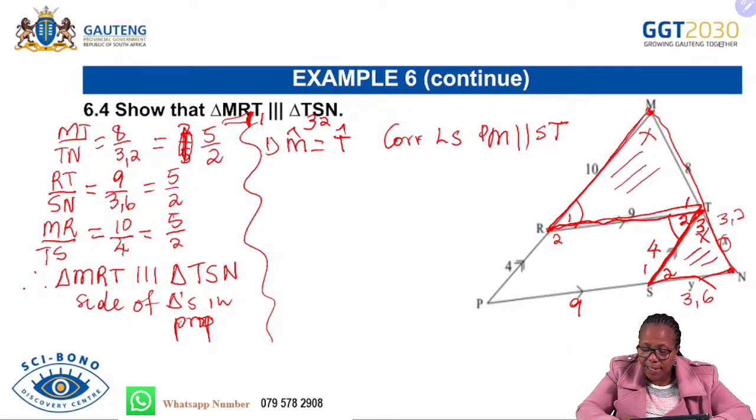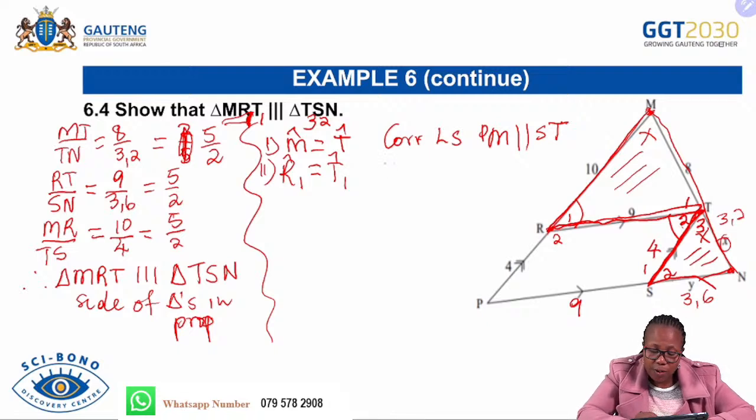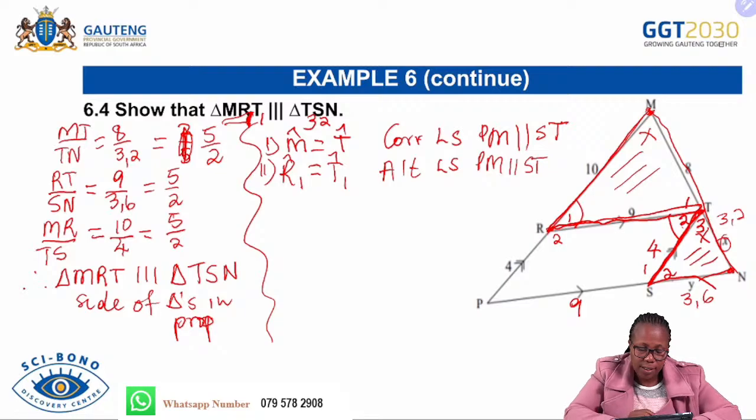That is condition number 2. That is R1 is equal to T2 because of the alternating angles between parallel lines, that is PM parallel to ST.